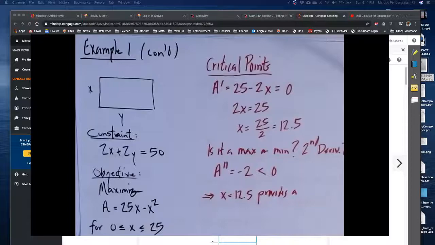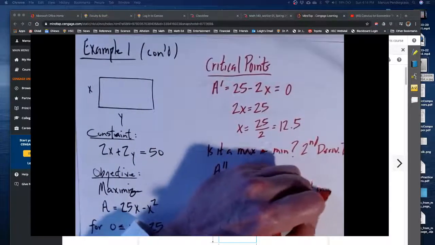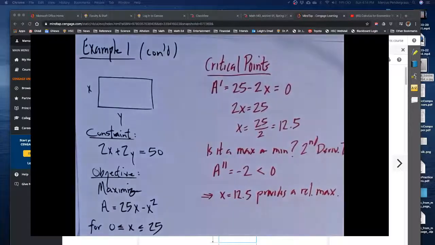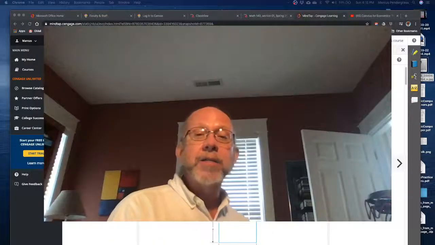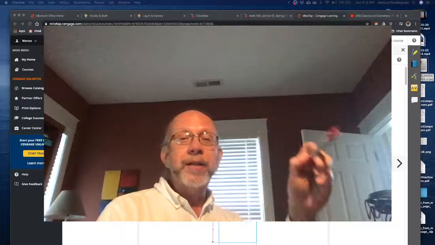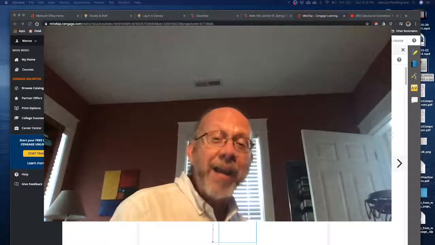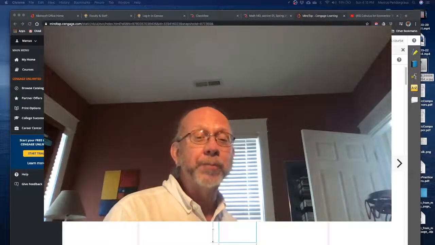well, let me pause here. I was about to say relative maximum, and that's true. I'll just go ahead and write that. But it's also an absolute maximum, because think about it. The second derivative of our area function is always concave down. And so the function, if it has a maximum, that has to be the absolute maximum of the function.